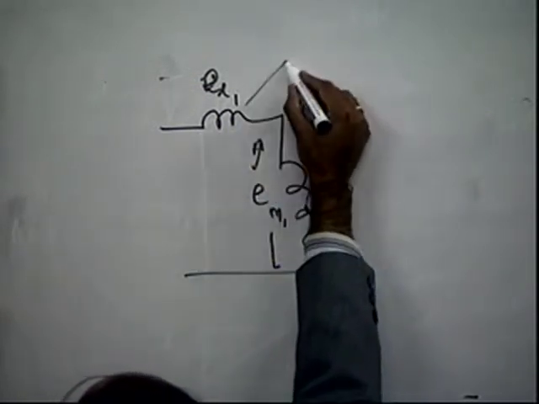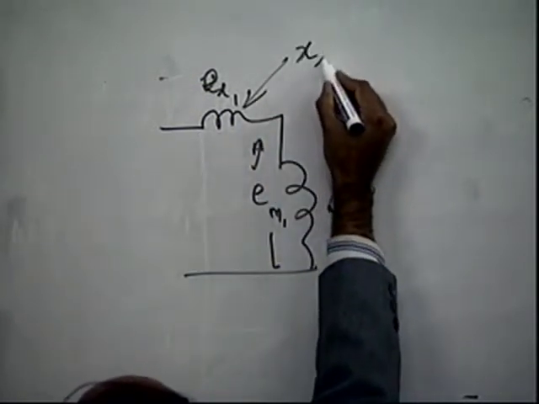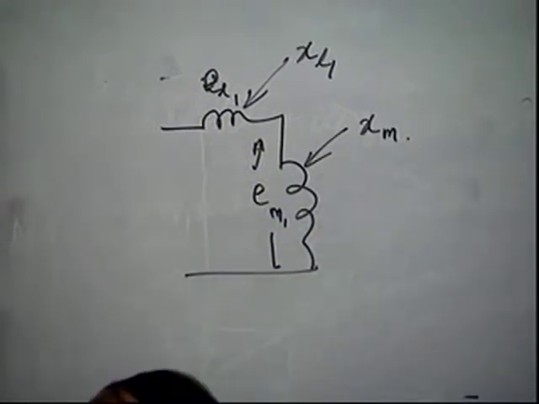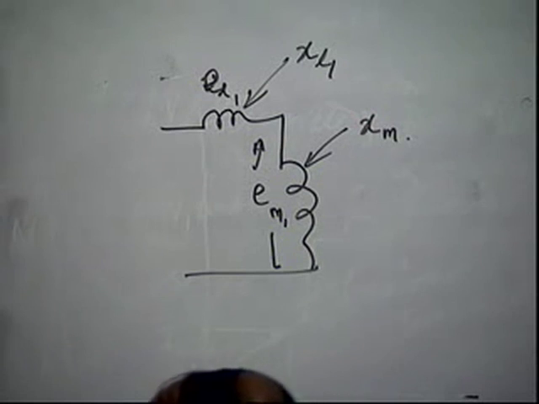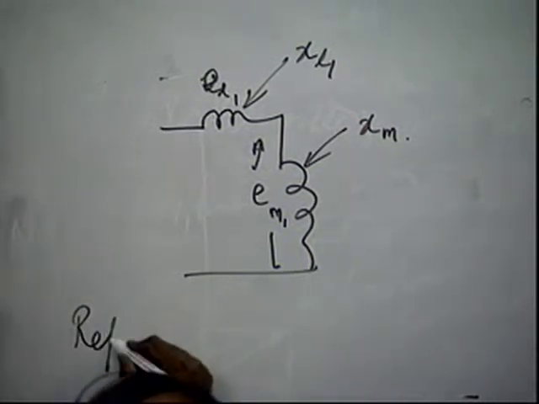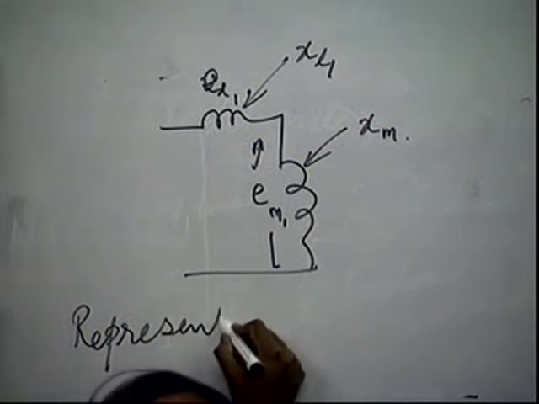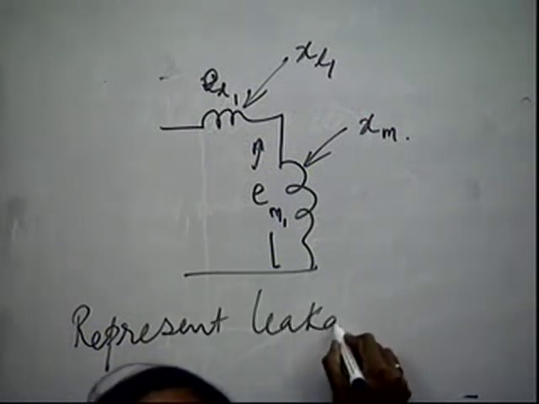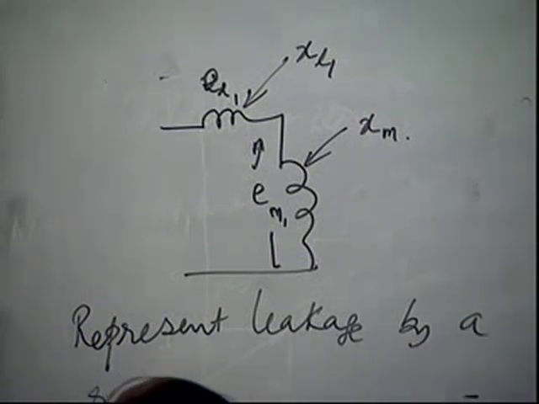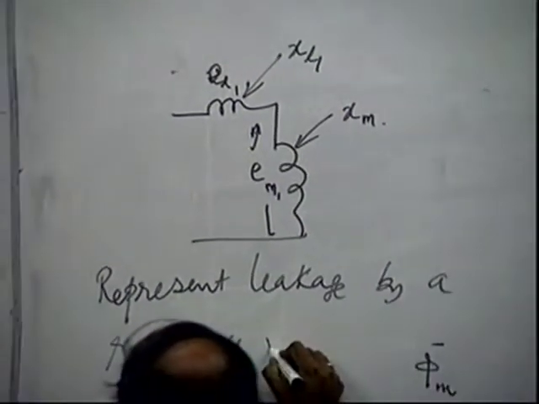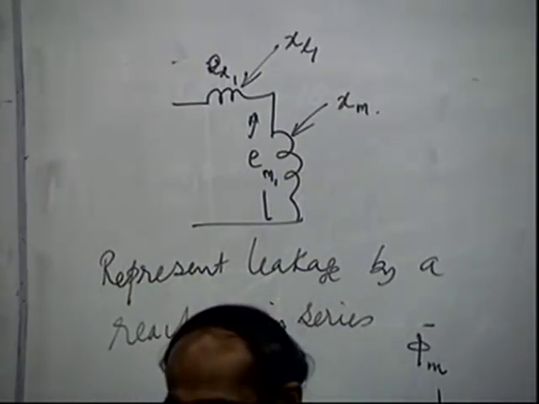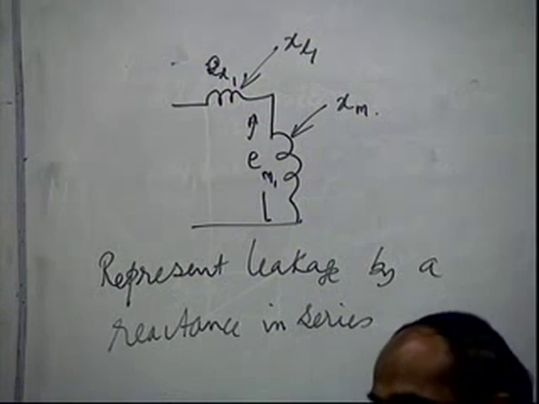So this one you write as a leakage reactance XL1 and this is the mutual reactance XM. So you represent leakage by a reactance in series, because that is the one which is caused by the current in the respective windings.